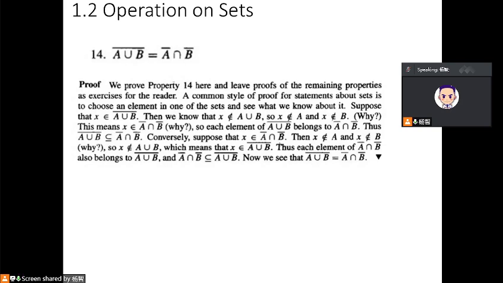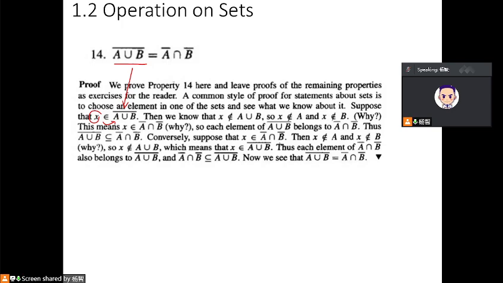A common style of proof for statements about sets is to choose an element in one of the sets to see what we know about it. Okay, suppose we have an element belonging to the set like this. This is the left part of this equation. We suppose that the element x belongs to the left set.